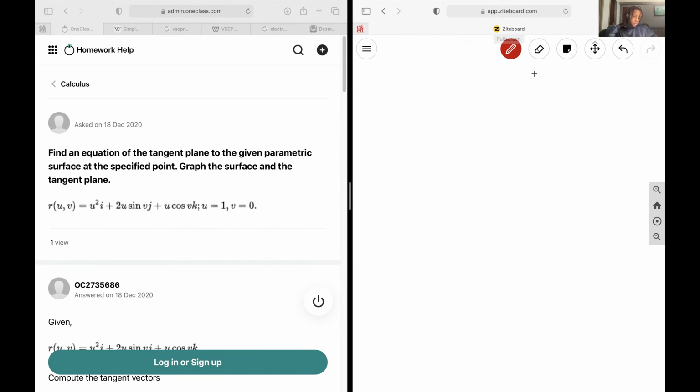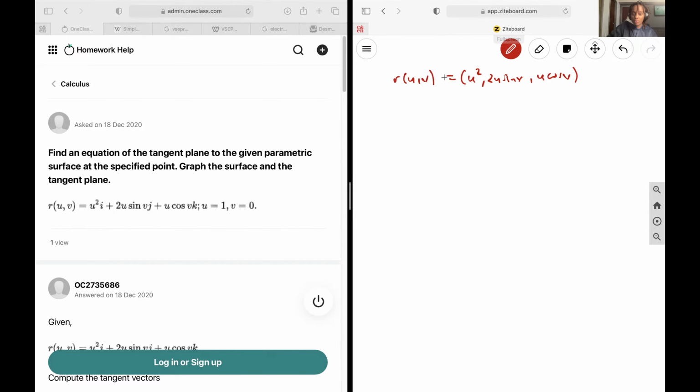Next up, we would like to find an equation of the tangent plane to the given parametric surface at the specified point. Graph the surface and the tangent plane. And so we are given r of u, v is equal to u squared, 2u sine v, u cos v.